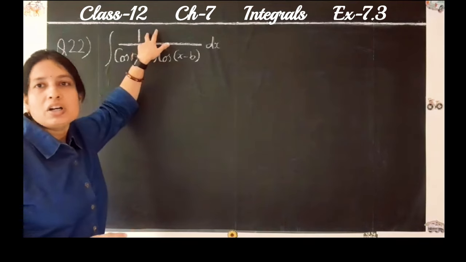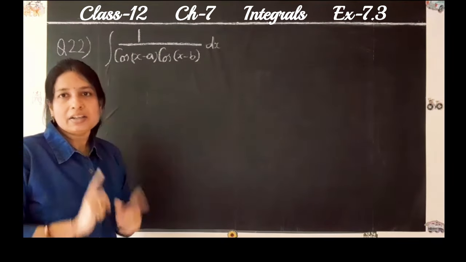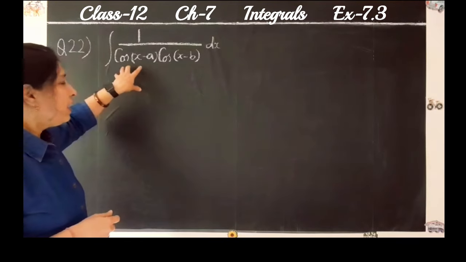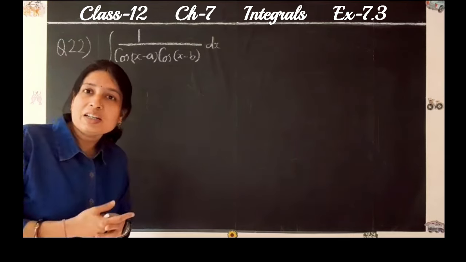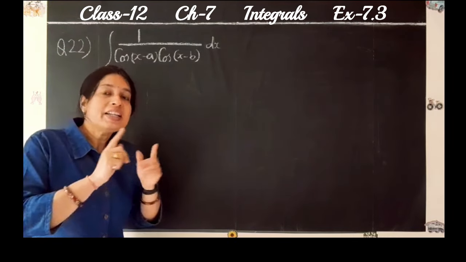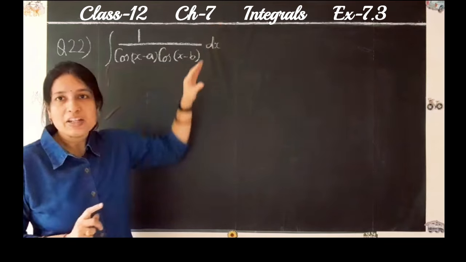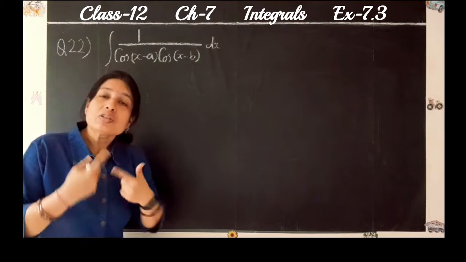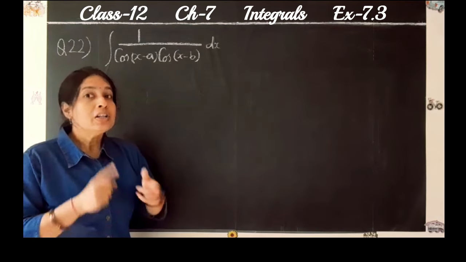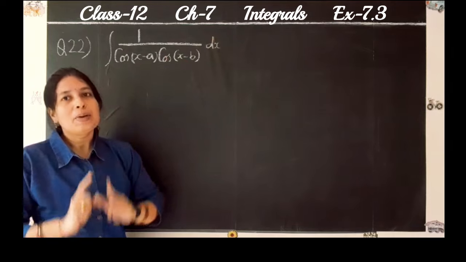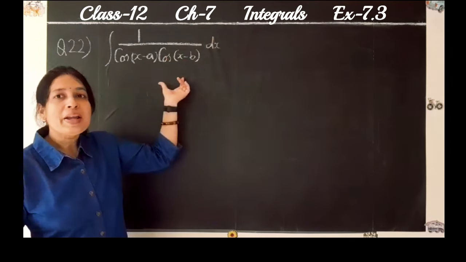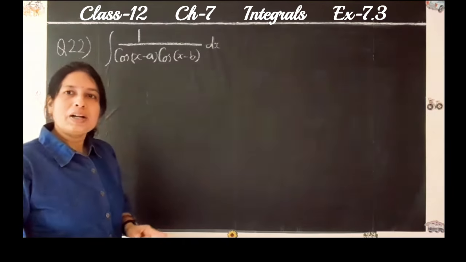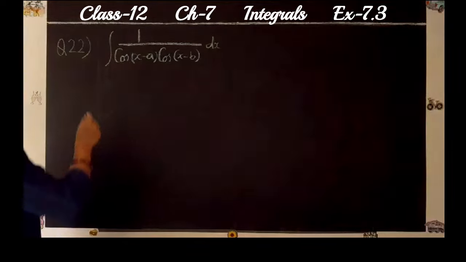But here it is given 1. sin का कोई फंक्शन इंटीग्रल में नहीं दिया हुआ है. तो इस तरह के जब भी क्वेश्चन आते हैं तो हम क्या करते हैं, अगर डिनोमिनेटर में cos है तो cos का डेरिवेटिव क्या हुआ, माइनस साइन. तो साइन का एक कांस्टेंट फंक्शन से मल्टीप्लाई और डिवाइड करते हैं. और अगर नीचे साइन का फंक्शन दिया हुआ है तो साइन का डेरिवेटिव क्या हुआ, cos हुआ. तो cos के एक कांस्टेंट फंक्शन से मल्टीप्लाई और डिवाइड करेंगे. तो यहाँ पे इसका डेरिवेटिव क्या हुआ, साइन. तो साइन के एक कांस्टेंट फंक्शन से मल्टीप्लाई और डिवाइड करेंगे. So let us see that.